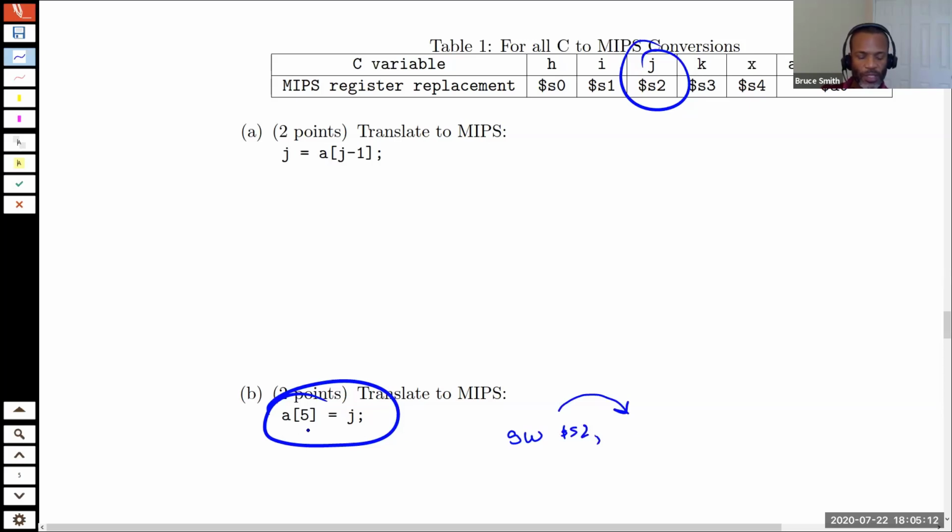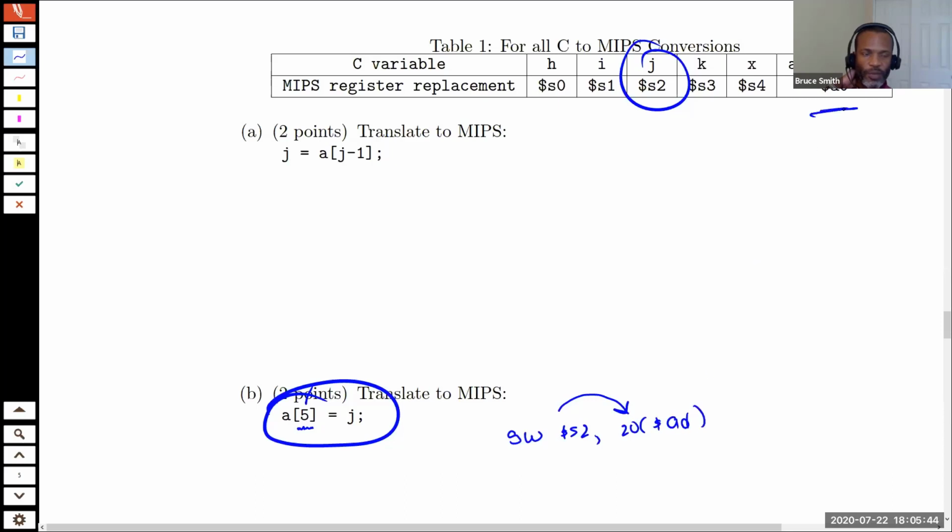This address is 20 bytes away from the start of the array. Because this is an integer, where each integer occupies 4 bytes, since I'm looking at sub 5, this corresponds to a position that is 4 times 5 away from the beginning of the array.